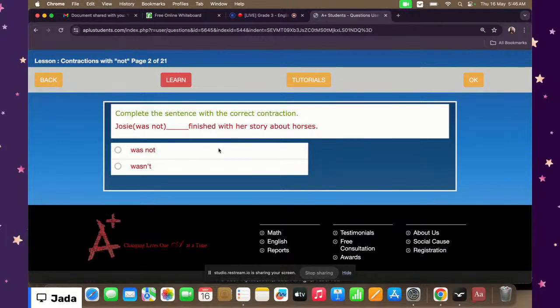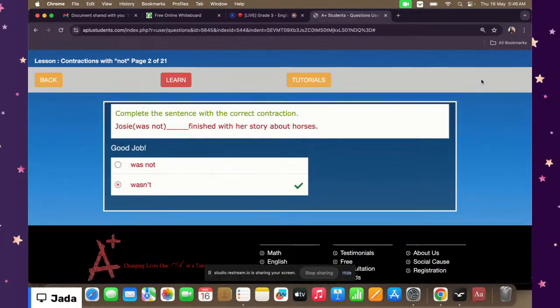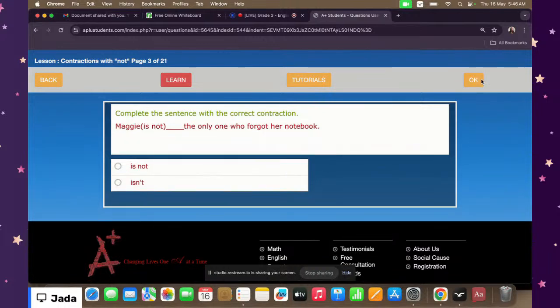Was not. And Maggie is not the only one who forgot her notebook. So what's the shortened version of is not? Is not the only one who forgot her notebook. Is not. Okay, good.